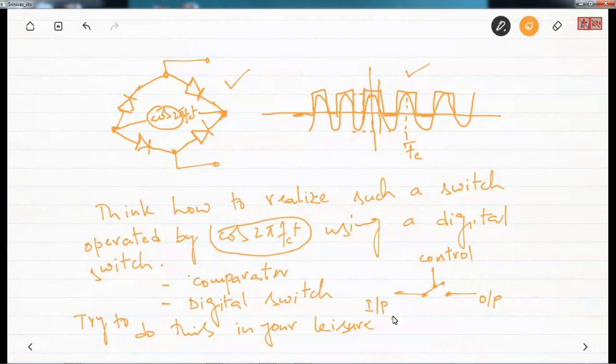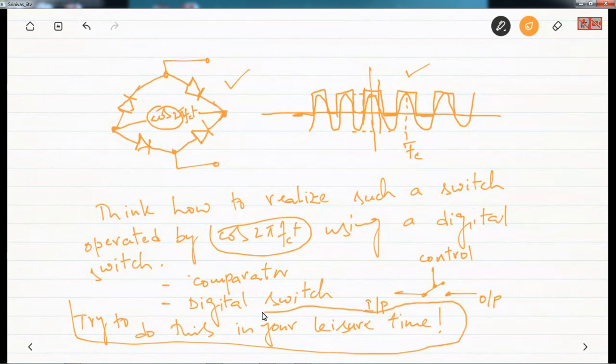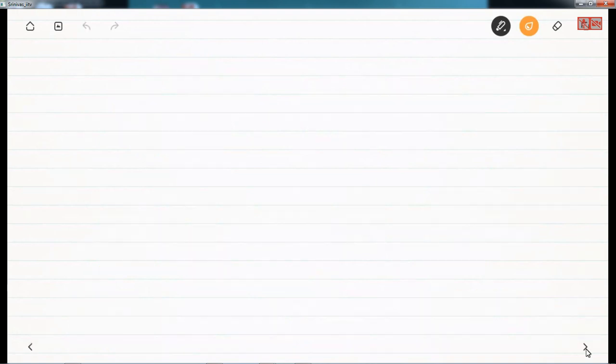This could be a simple fun exercise for you guys. Maybe you can get into a lab when you have some free time. Okay, so our task is not how to exactly design the switch. Our task is to show that this diagram does double sideband suppressed carrier.